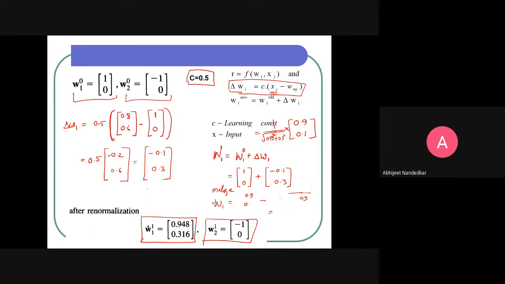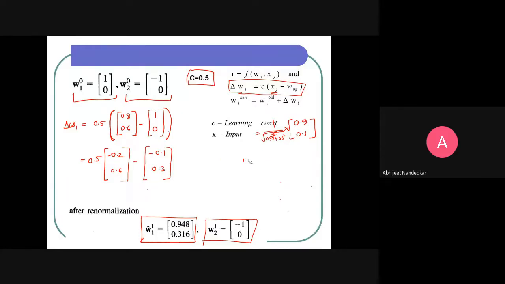So after presenting the first input, what is my weight matrix now? If you remember, the earlier weight matrix was, let us say, W0: 1, 0 and minus 1, 0.